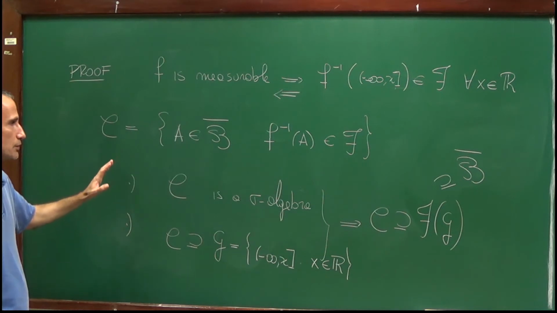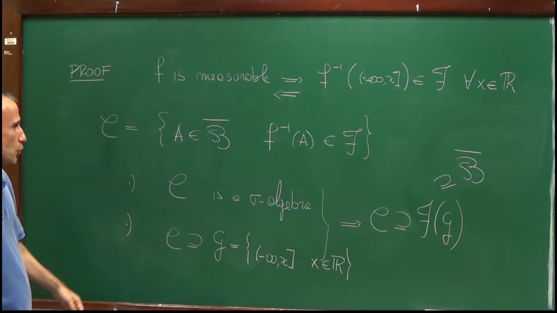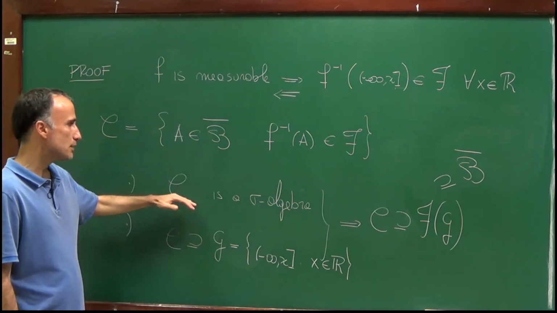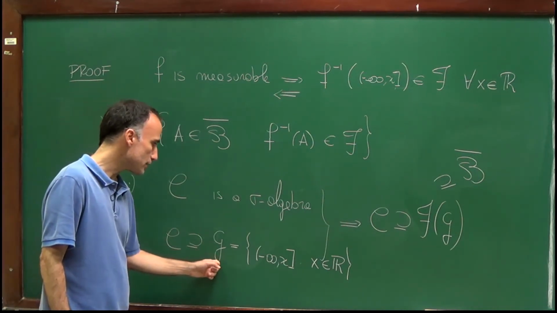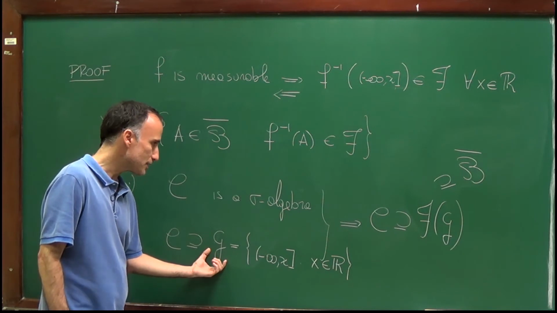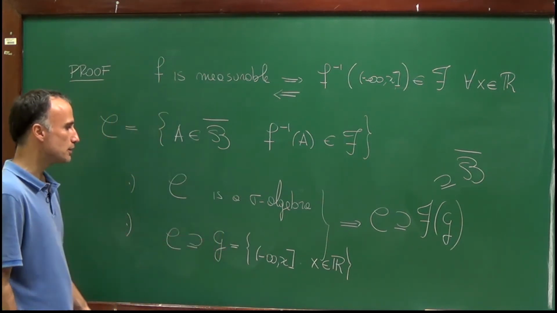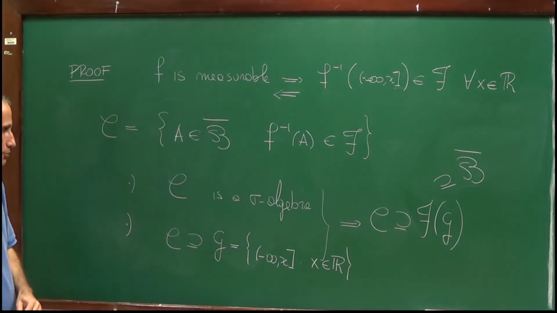So we proceed in two steps. We first show that this class is a sigma algebra, and then we prove that this class contains a family of sets which generates the Borel extended sigma algebra.